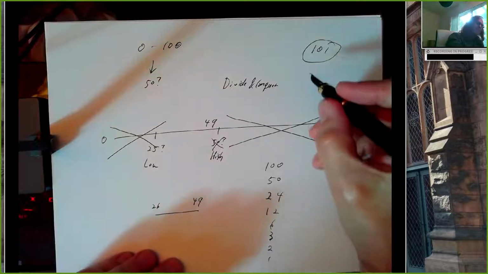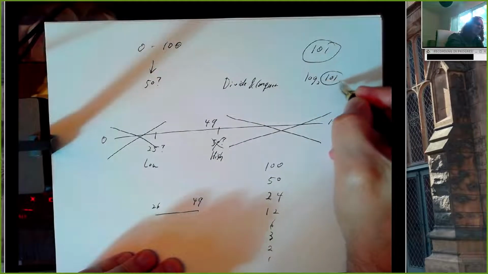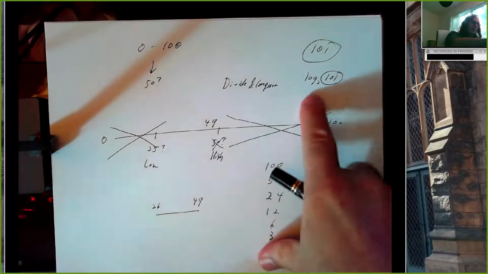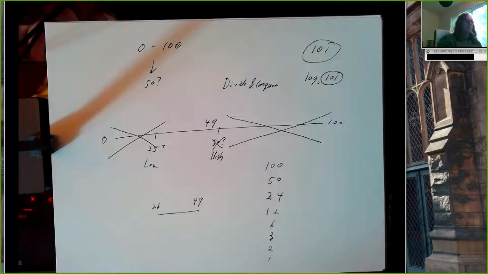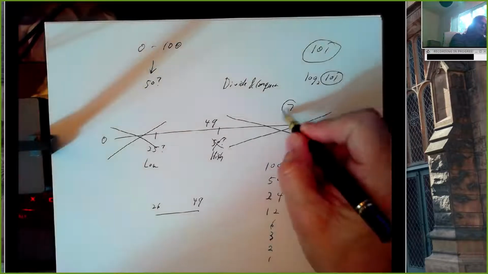So the approximate formula will be the log base 2 of however many possible answers you have. Log base 2 of a number tells you how many times you can cut that number in half before you get down to 1 or smaller. So log base 2 is 6 point something, so 7 guesses will suffice.